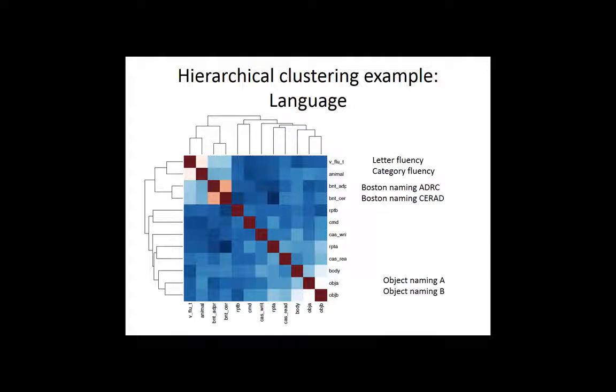The computer sorts the correlation matrix, and it does that in a particular order. So it starts with the single pair of things that is the most highly correlated, and you can see that by how high that little handlebar is, right? So it's the lowest one down. That's the first thing that happened, was this pair of items was really highly correlated. And that's two versions of the Boston naming test that we happen to have in this study.